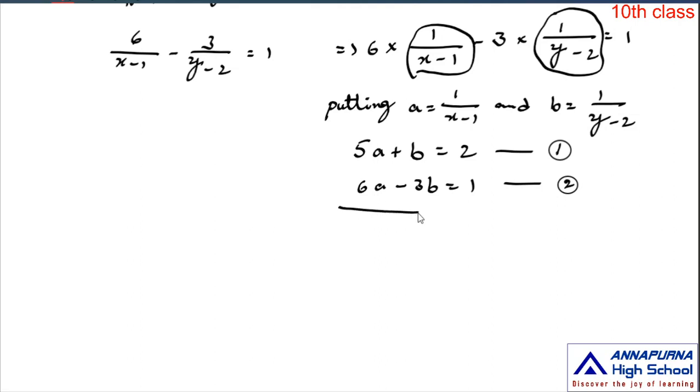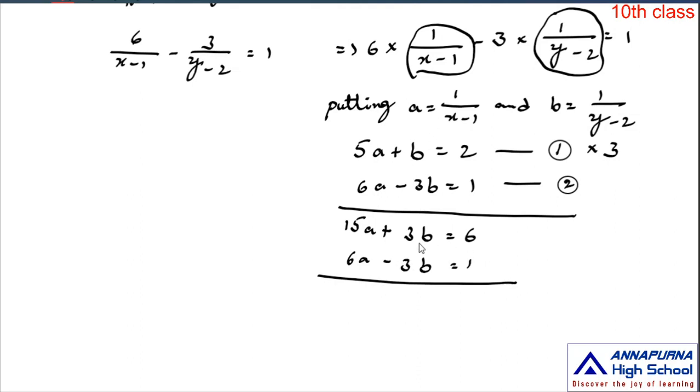To eliminate the variable b, I multiply the first equation by 3, so 15a plus 3b is equal to 6, and the second equation as it is, 6a minus 3b is equal to 1.